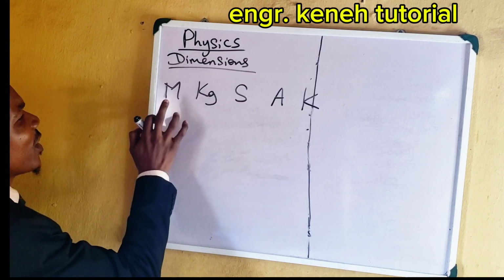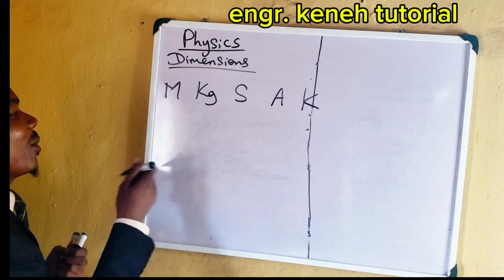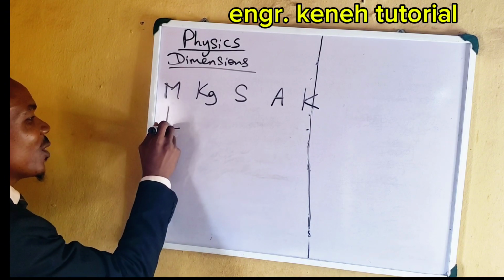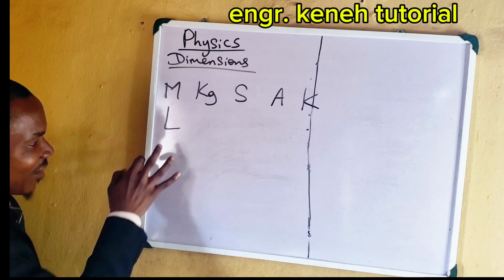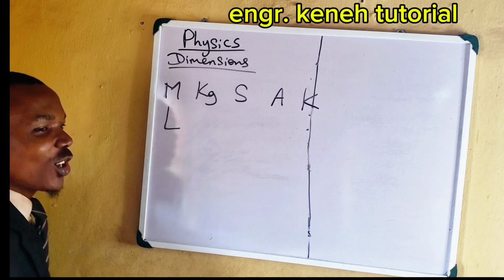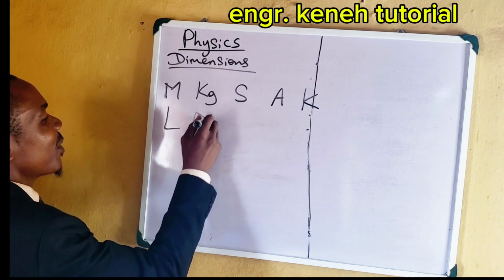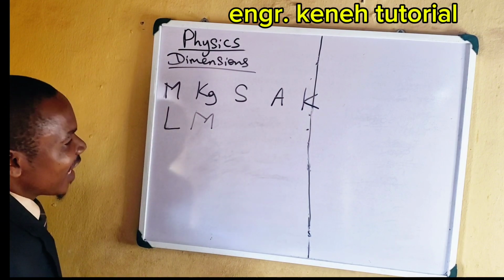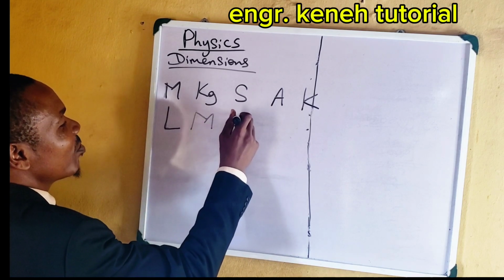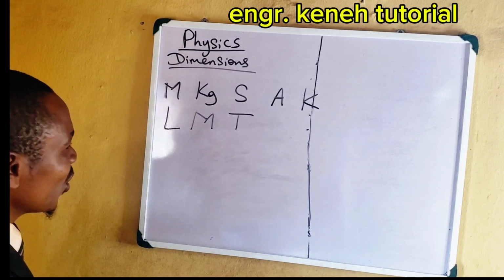For example, meters is the unit of length, so anywhere you see meter, just use capital L to denote it. That's all. Kg is the unit of mass, so anywhere you see kg, just use capital M to denote it. Can you see it? Even time, just use T, and so on and so forth. That's what they want you to do.